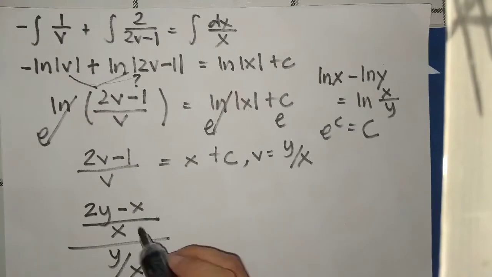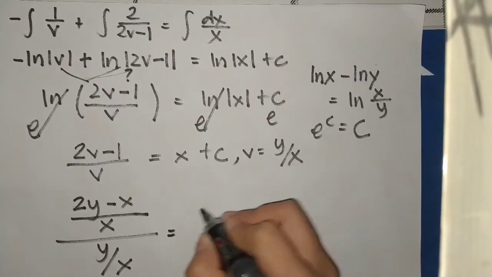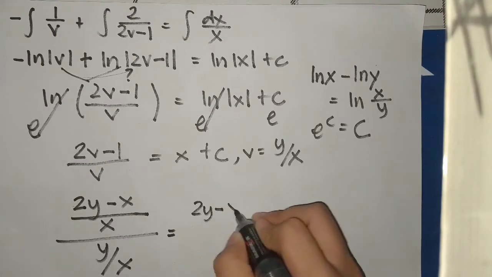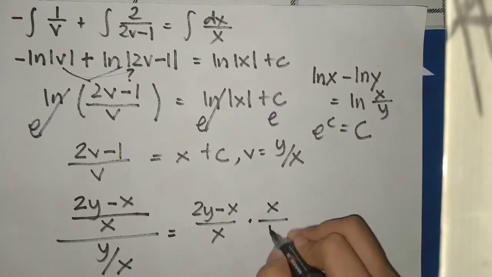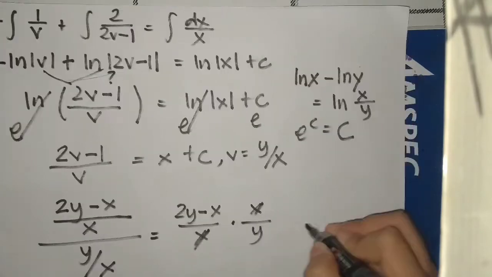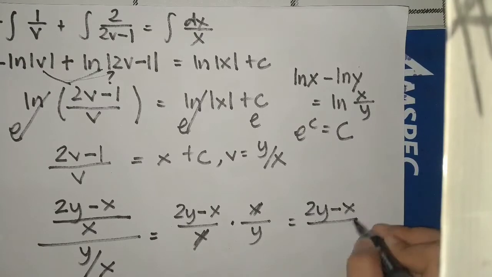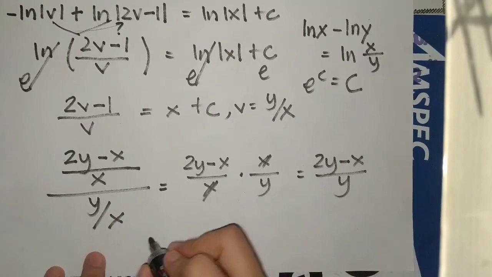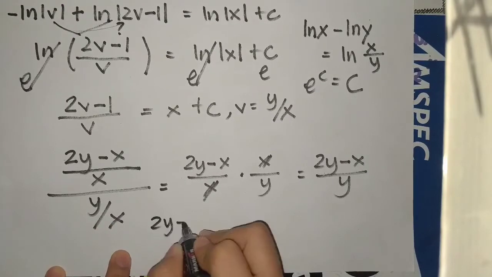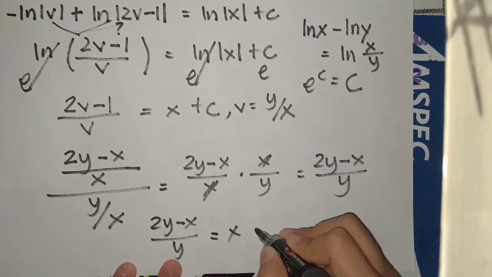So our x will be cancelled, most probably, because we could still simplify it. So to divide it, we have to take the reciprocal of the denominator so that we can change the operation used. It will be multiplied. So our x is removed, we will be left with 2y minus x all over y is equal to x plus c.